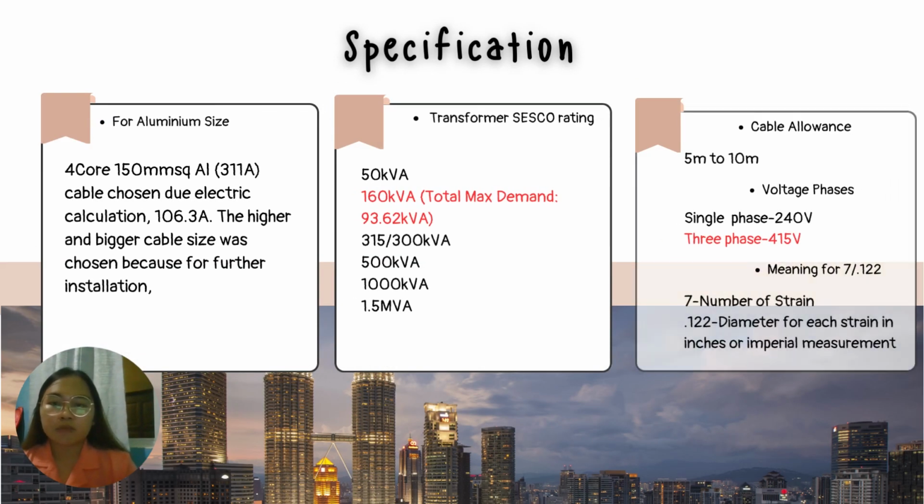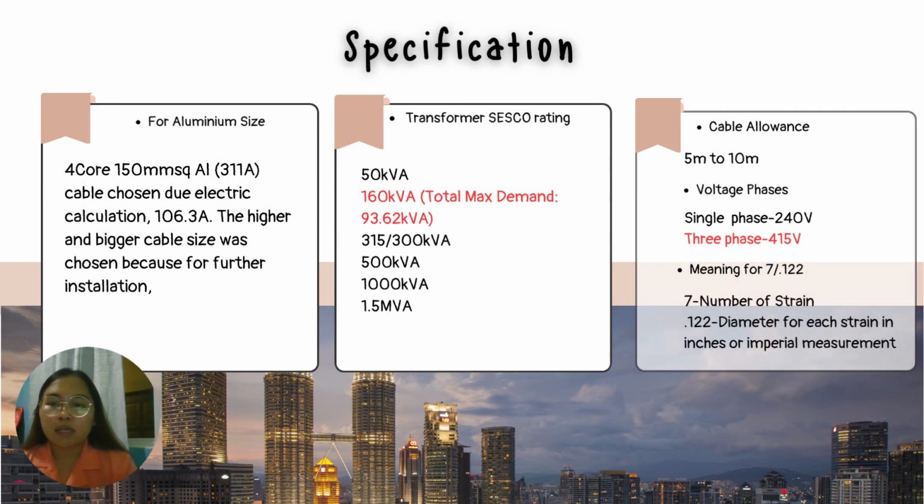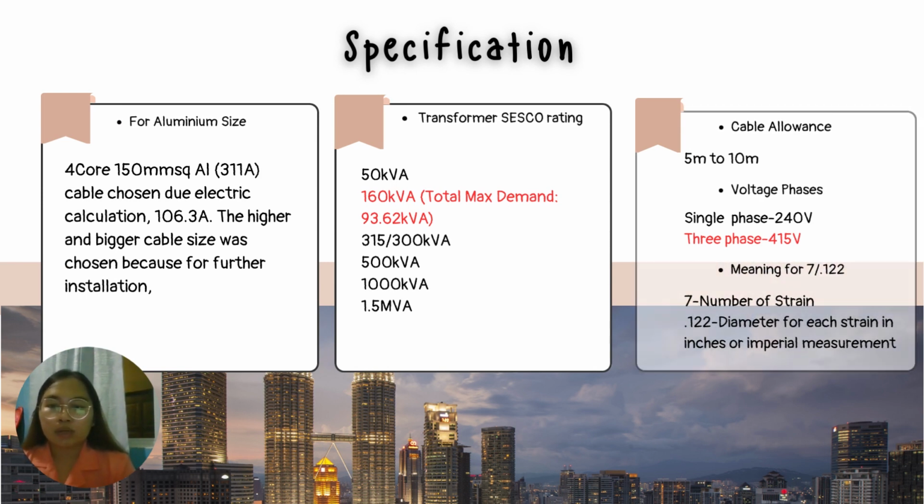These are the specifications for aluminium size for 4 core 150 millimeter square aluminium, which is 311 ampere. The cable was chosen due to electrical calculations of 106.3 ampere. The higher and bigger cable size was chosen for further installations. Next is transformer rating.